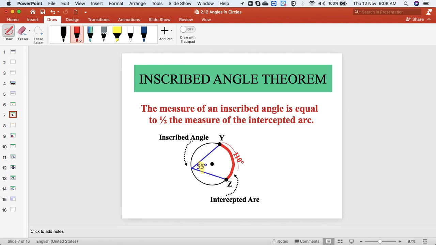So this is the intercepted arc. Again, the measure of the inscribed angle is half the measure of the intercepted arc. Our intercepted arc is 110 degrees. So therefore, the inscribed angle is 55 degrees, because half of 110 is 55.